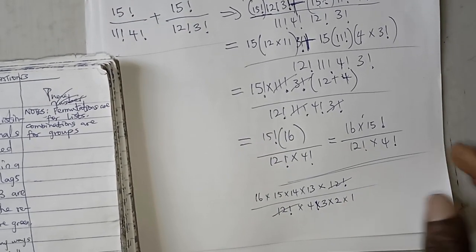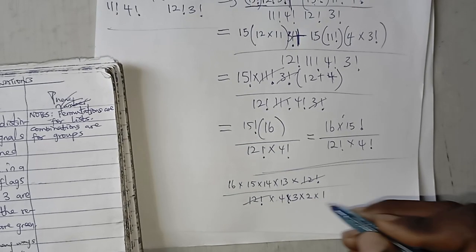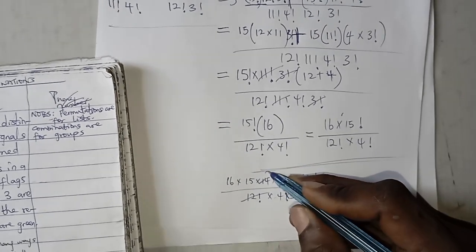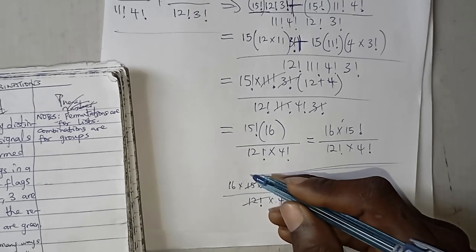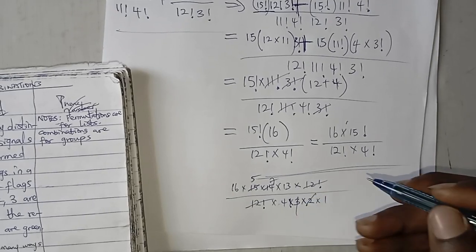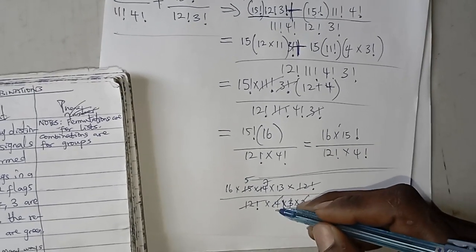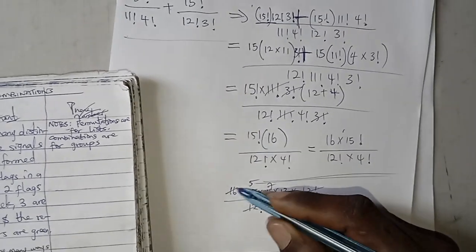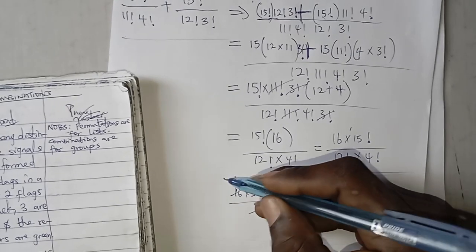This can take care of this, and this can take care of this to give me 7. This can take care of this to give me 5. And what else? 2 can go here to give me 1, give me 8. 2 can go here to give me 4.